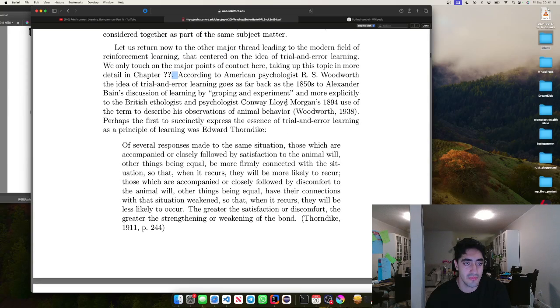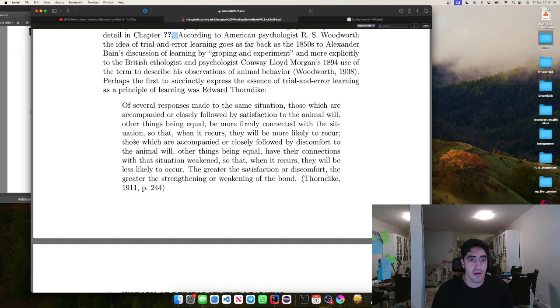Perhaps the first to succinctly express the essence of trial and error as a principle of learning was Edward Thorndike. Of several responses made to the same situation, those which are accompanied or closely followed by satisfaction to the animal will, other things being equal, be more firmly connected with the situation, so that when it recurs, they will be more likely to recur.